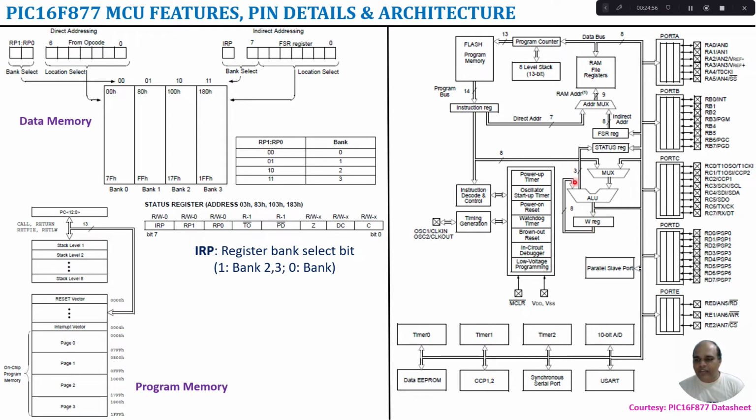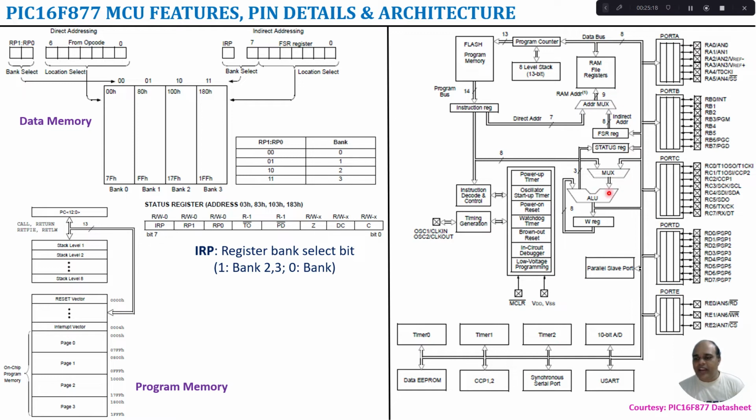It gets one data from the working register, and the other data comes from a RAM memory. Here I have a RAM memory of 512 bytes. Out of 512 bytes, 368 bytes are for data storage and 146 bytes for your special function registers.